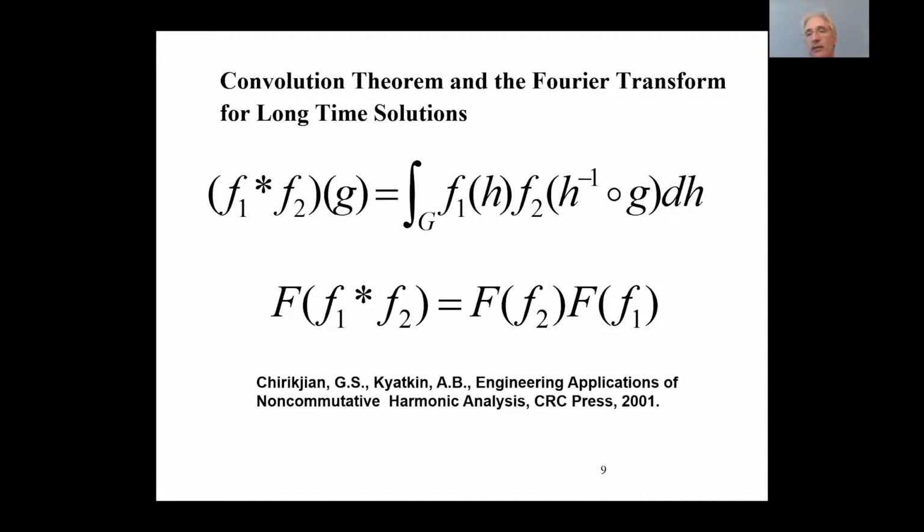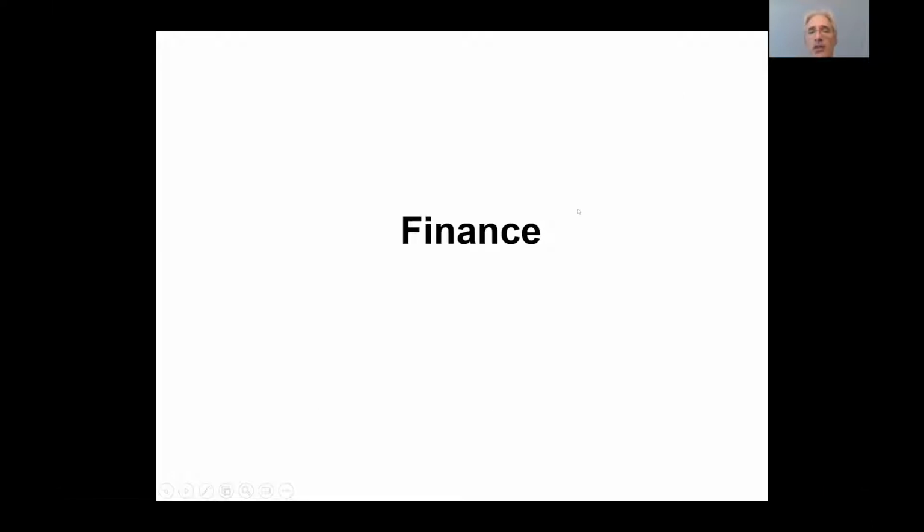So that kind of duality exists on the unimodular Lie groups that I study. For long time behavior, we look at non-commutative Fourier analysis. For short time behavior, we use Gaussian distributions, and then there's a zone in the middle where we have to transition between solutions.